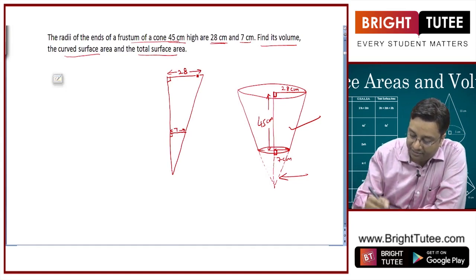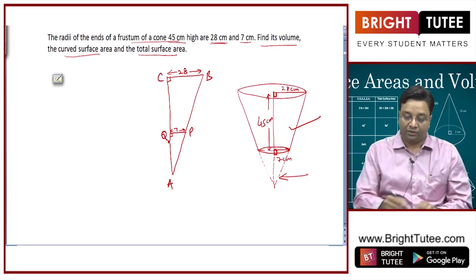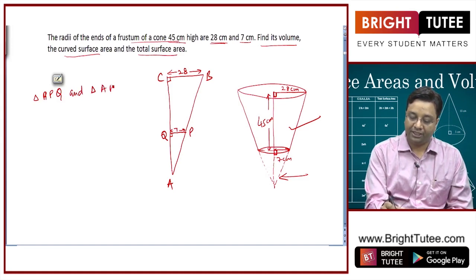Let us name these points A, B, C, P, Q. So what can you say about triangles APQ and ABC?